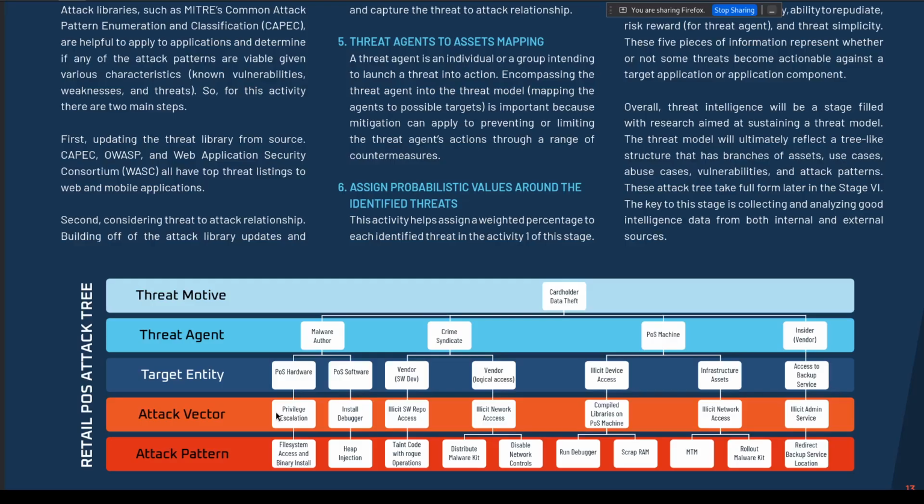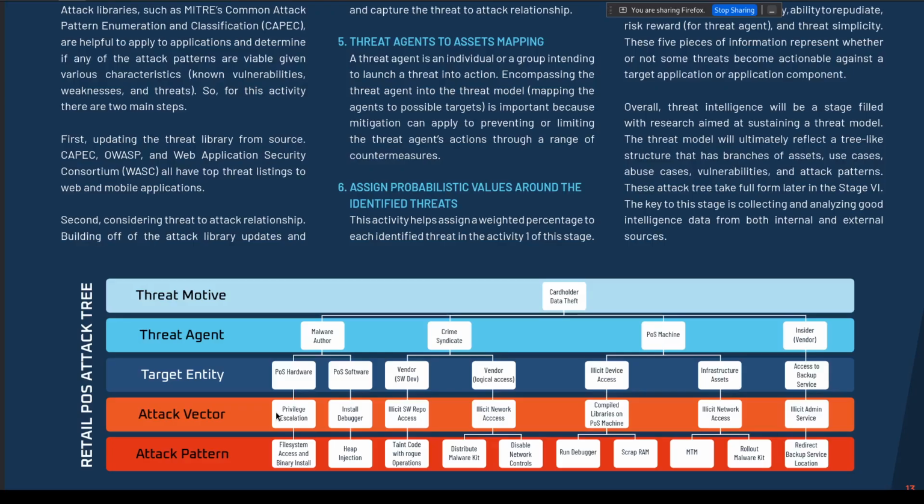And then next is about assigning probabilistic values to the identified threats. So here we try to identify the probability of each threat taking place. What is the most probable threat that can occur? Can the application go down? Is that the most probable threat that can happen?